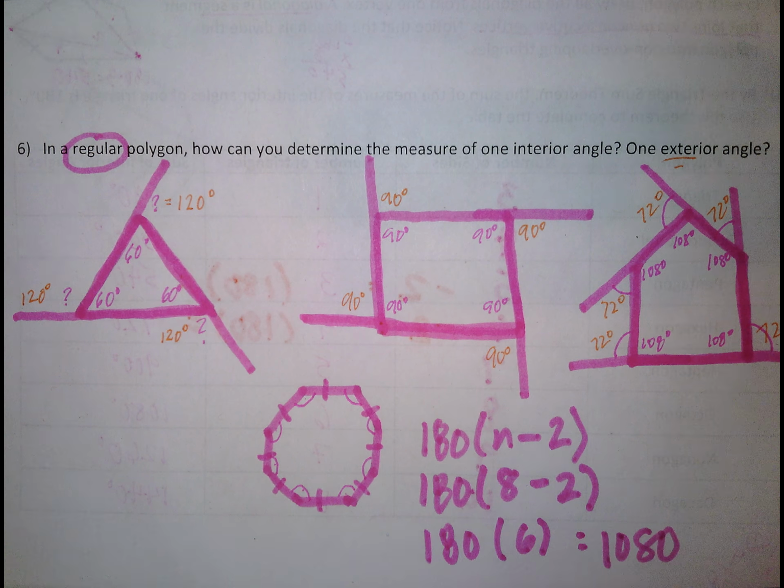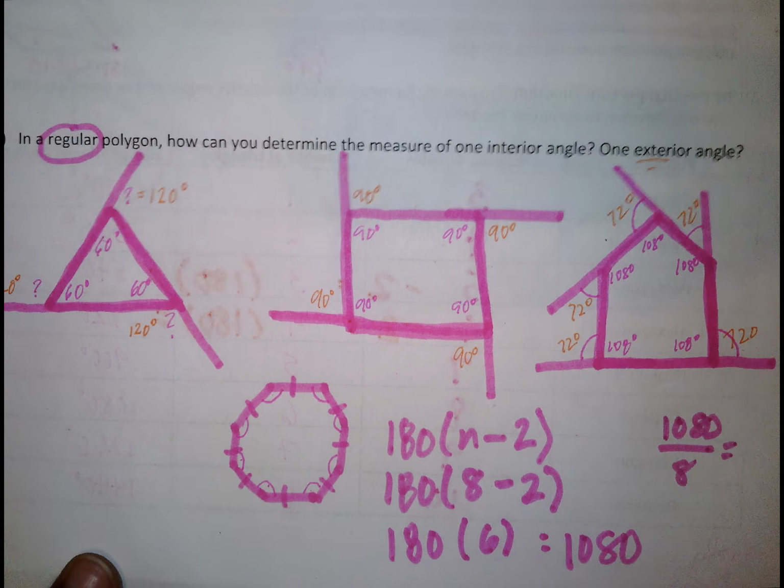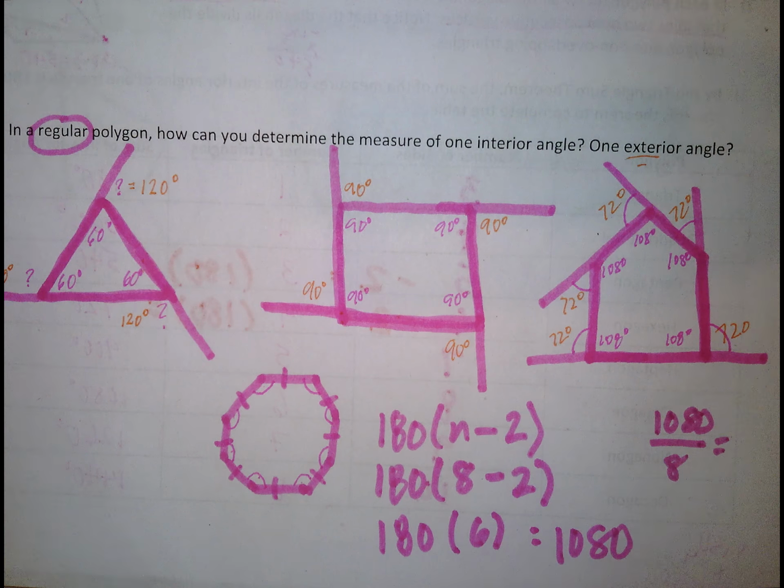And taking that 1,080, I would need to divide it up into 8 equal parts. So I'm just going to take 1,080 divided by 8, and then I can determine the measure of one of those angles. And 1,080 divided by 8 gives me 135.